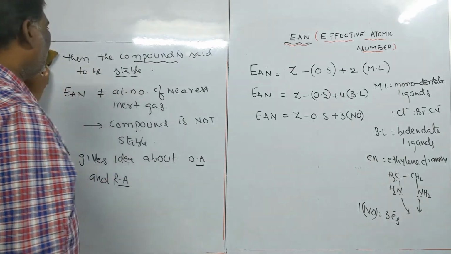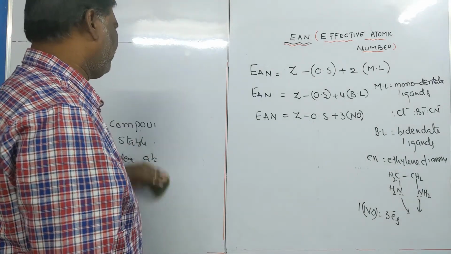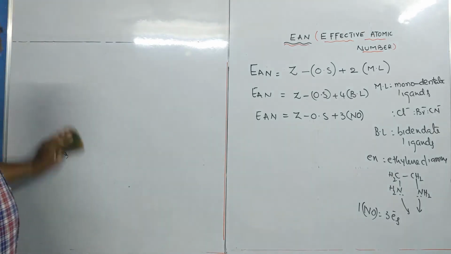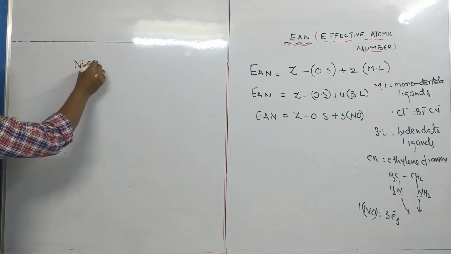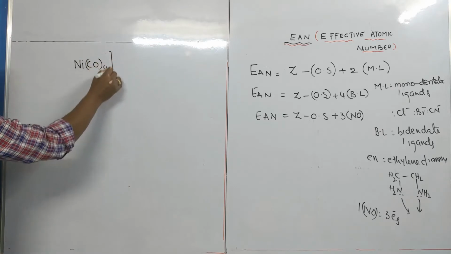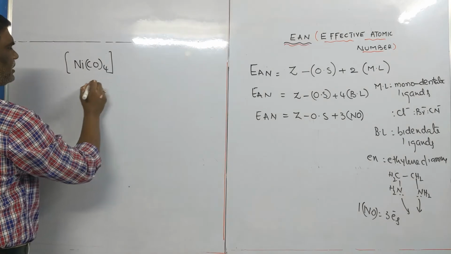Now let us calculate the effective atomic number of tetracarbonyl nickel. First you find the oxidation state.